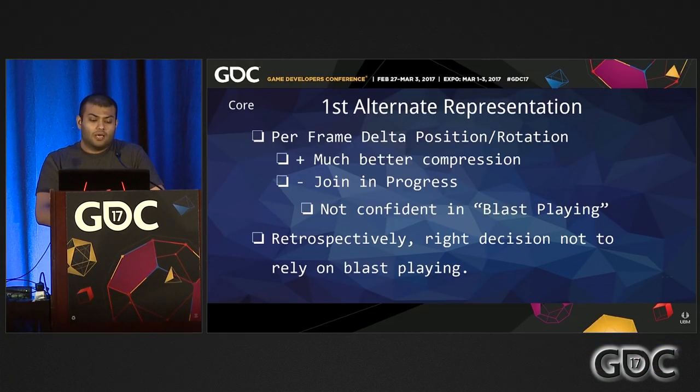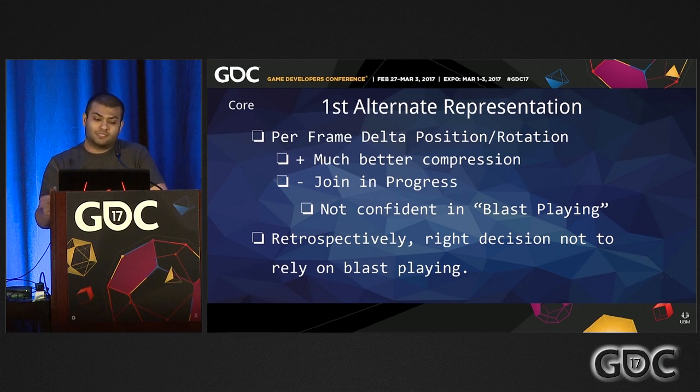But before we go further, let's talk about some of the alternative representations that we considered when developing this technology. One of the first things that came to mind is storing delta positions and delta rotations. Because of the temporal coherency, you get much better compression from this. However, we knew that Halo 5 was going to have to support join in progress.